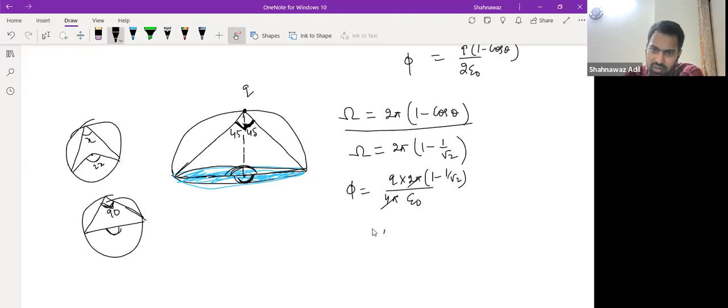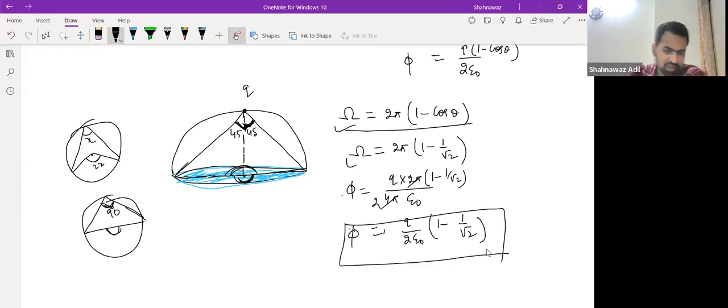So this cancels and we have Q by 2 epsilon naught (1 minus 1 by root 2). This is the answer. Just in how many steps? 1, 2, 3, 4 steps. You got the answer. So this is how this solid angle is very important, guys. Yes, Faiza and Chavez, understood.